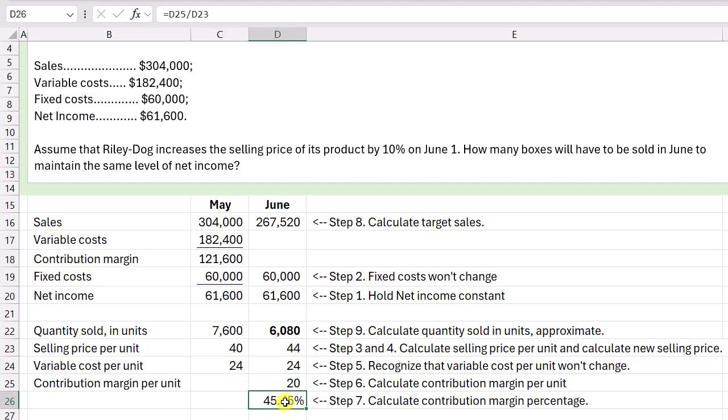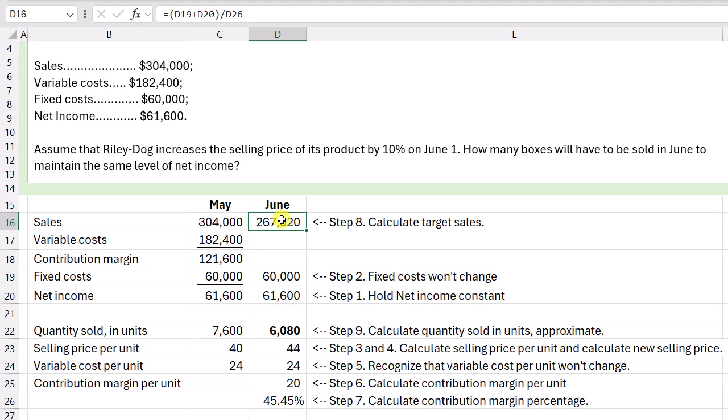All right, once we have that, we can calculate break-even by using the break-even formula. Now we're using target income. Break-even and target income are closely related in that what you're going to do is take the fixed cost divided by the contribution margin dollars or percentage.